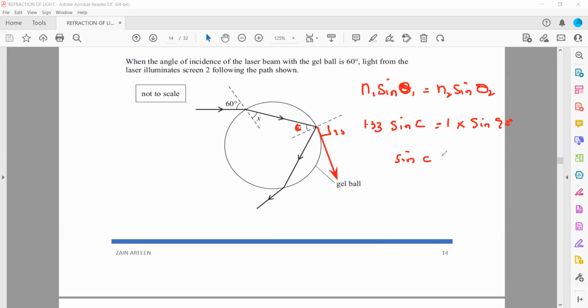So sine C equals 1 divided by 1.33, and the critical angle will be sine inverse of 1 divided by 1.33. This gives us the critical angle of this gel ball, which is about 49. So the critical angle is 49.